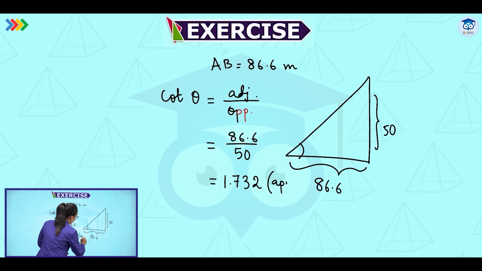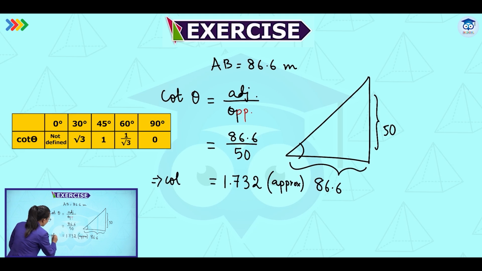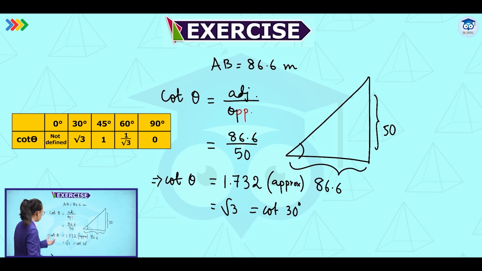Now we know that this value is root 3. So cot of theta is root 3. So at which angle is cot theta root 3? We know that cot of 30 is root 3. Therefore, theta is equal to 30 degrees.